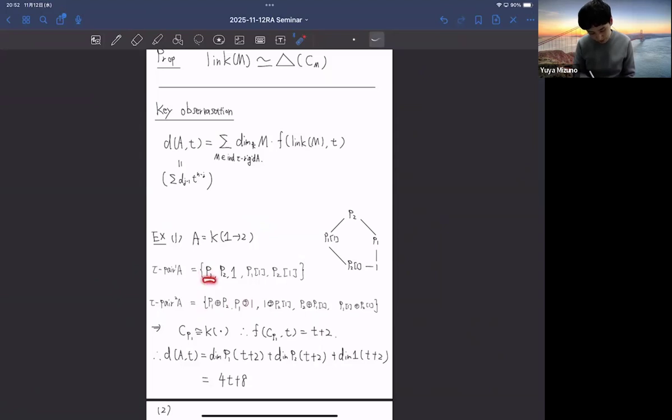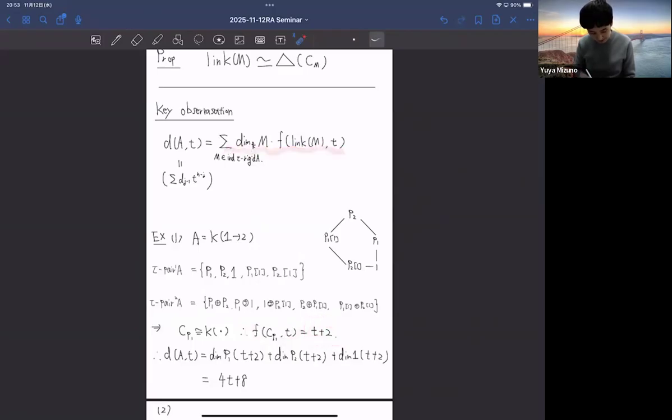So one time in this set and two times in this set. If we consider this PP, namely the finite dimensional algebra corresponding to P1, then this is a rank 1 algebra. So this is just a simple algebra. And in this case, the polynomial is t plus 2.